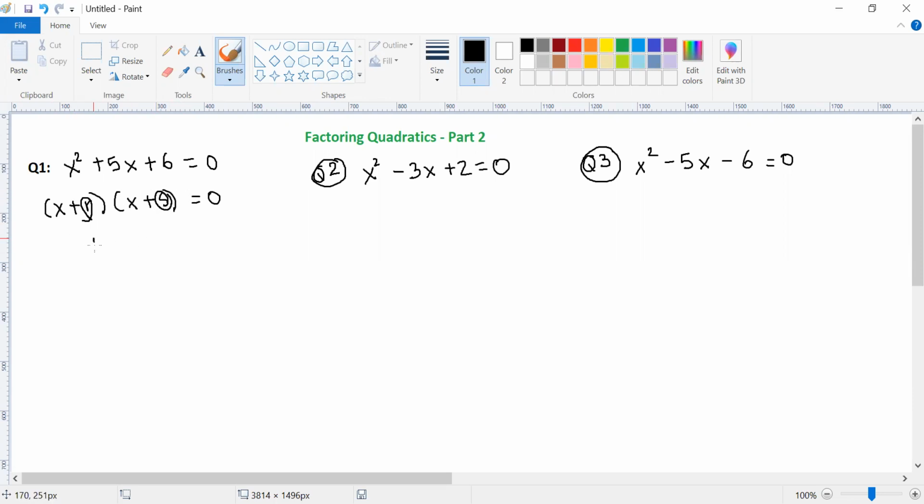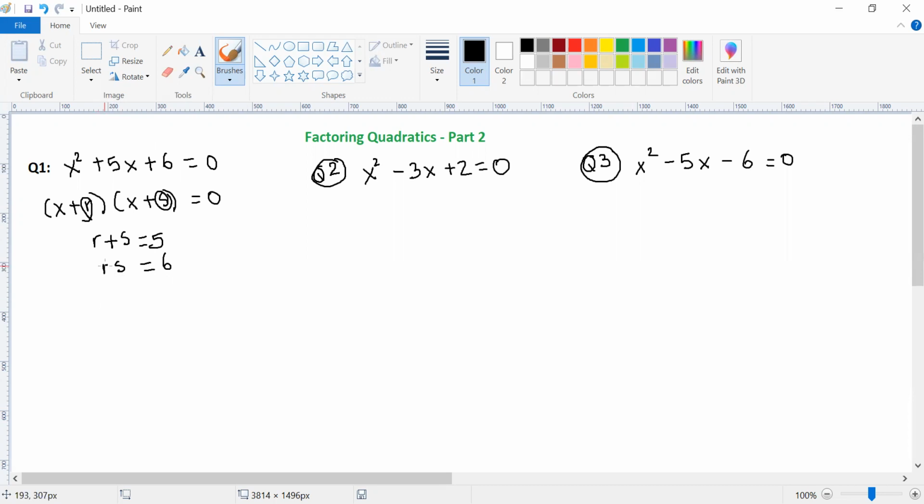We know that r plus s has to equal the coefficient of the linear term. The linear term is 5x, so the coefficient is equal to 5. And r times s has to equal the constant term, which is equal to 6. So this is what we know.